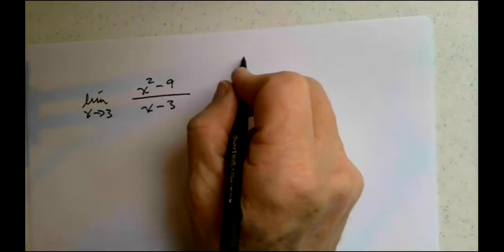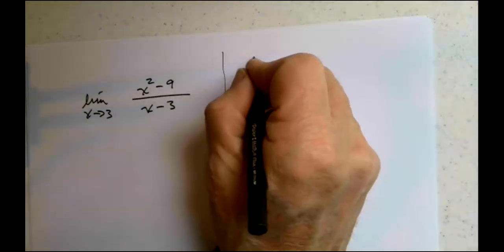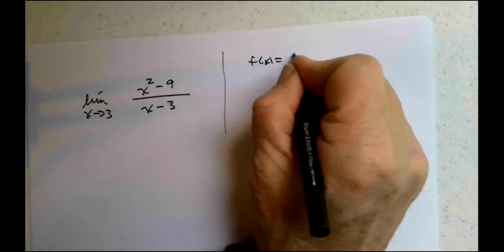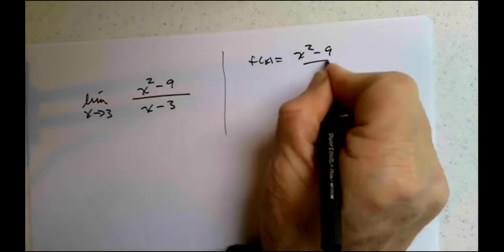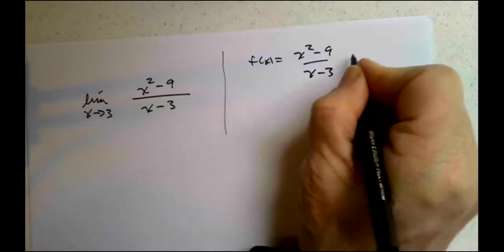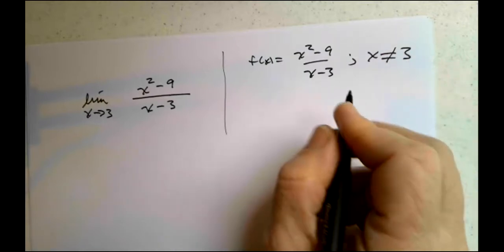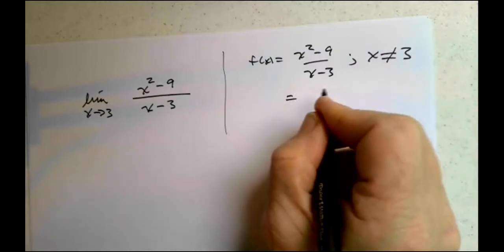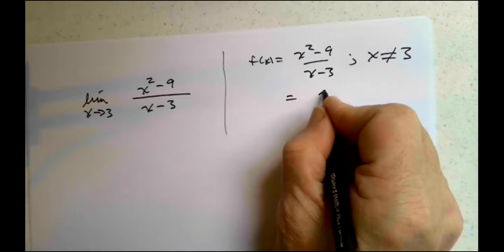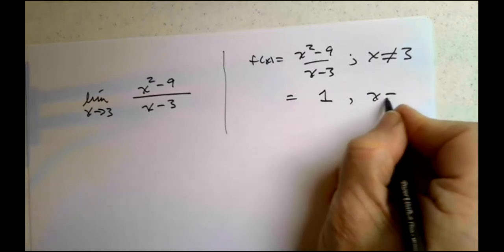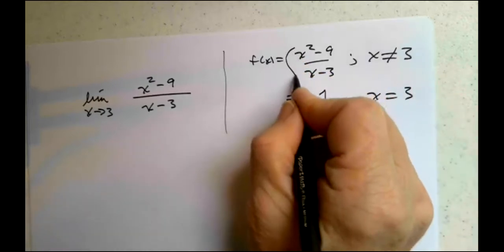And I could even do something like this, rather. Let's even change it a little bit. Let's let f of x equal x squared minus 9 over x minus 3 if x doesn't equal 3, but it equals 1 if x does equal 3. So we'll make it a piecewise function. That's even better.